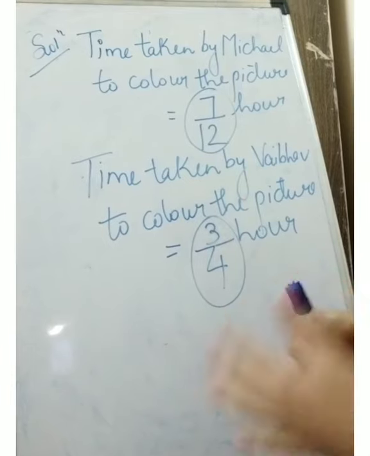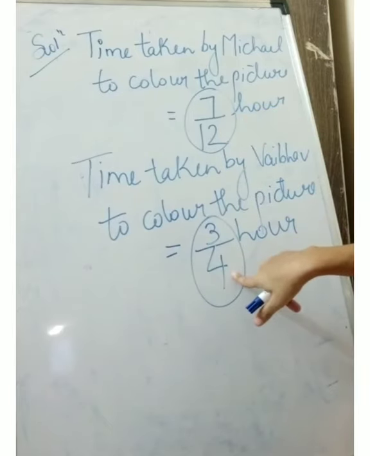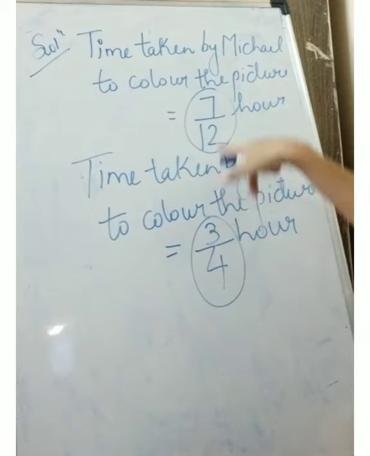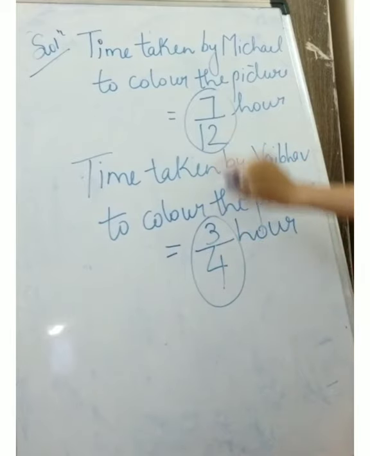Okay, now you can see the denominator of Michael is 12, whereas the denominator of Vaibhav is 4. So we have to convert these into like fractions. Like fractions means both the denominators should be the same.